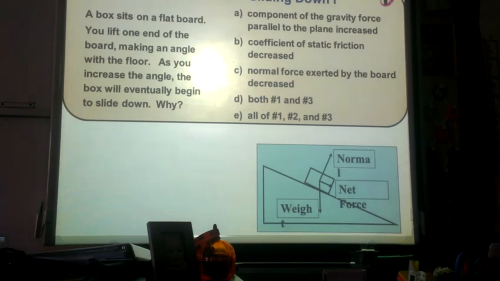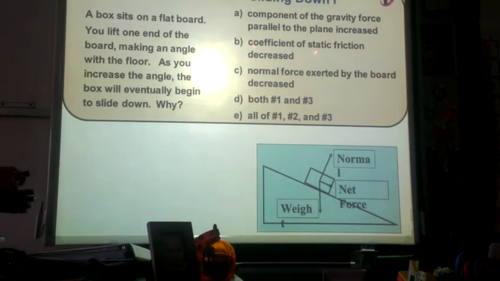Okay, this question. A box sits on a flat board. You lift one end of the board, making an angle with the floor. As you increase the angle, the box will eventually begin to slide down. But why does it eventually slide down? Is it A, because the component of the gravity force parallel to the plane increased?